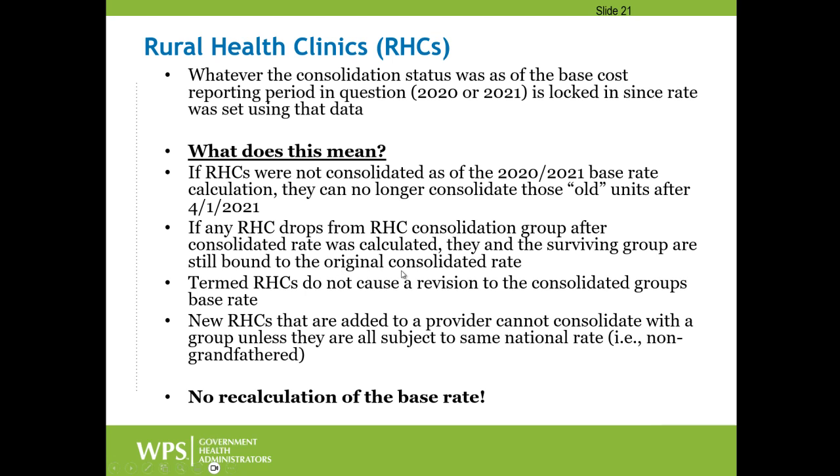For every unit in that group, they have to continue to use it. If you have a situation, again, where there's a termed RHC, first of all, it doesn't matter for that RHC because they're gone, but for the rest of the group, we're not going to recalculate a new cost per visit. They're stuck with the original base rate, even though one of the units that comprise that base rate is no longer. It just doesn't change.